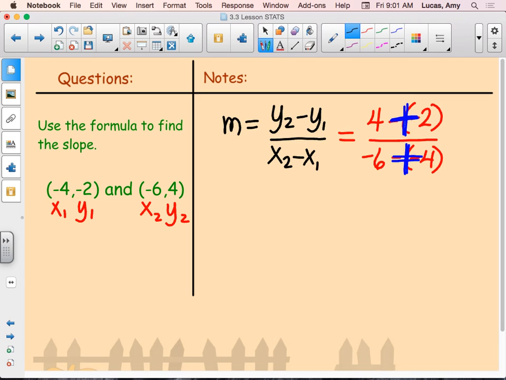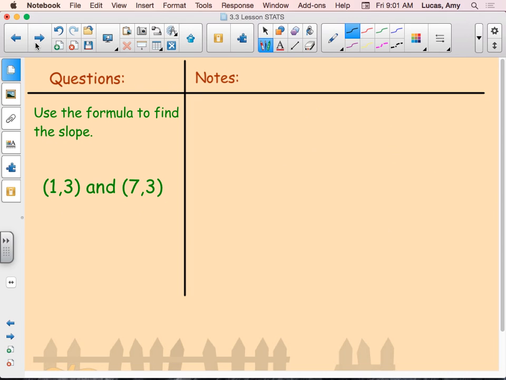Okay, now 4 plus 2 is 6, and negative 6 plus 4 is negative 2. It divides evenly to give me a slope of negative 3. Next one.